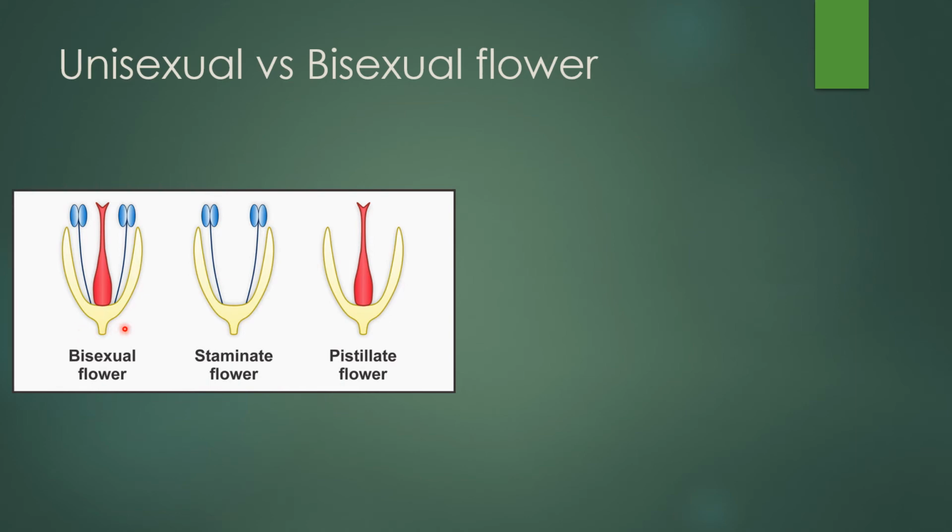Okay. Now the next one, if only stamen or only pistil is present, it's known as a unisexual flower. If only stamen is present, it is known as a staminate flower, and if only pistil is present, it is known as a pistillate flower.